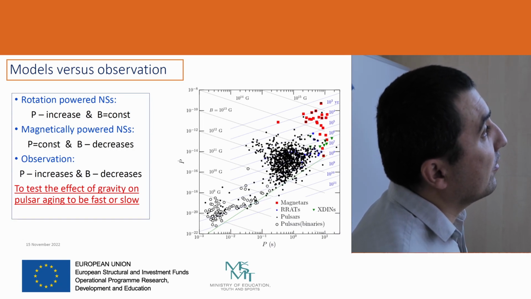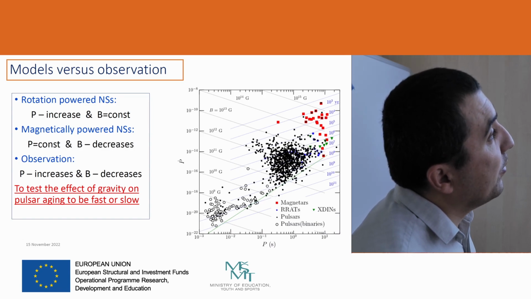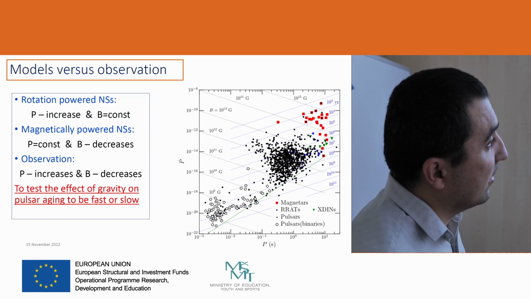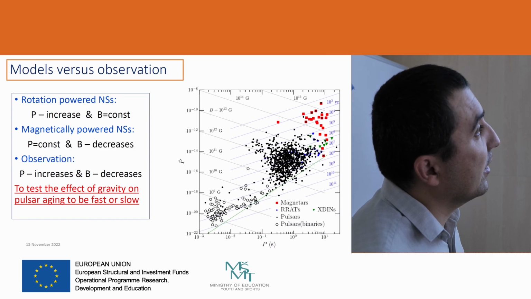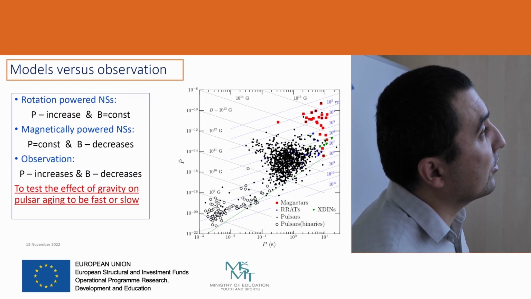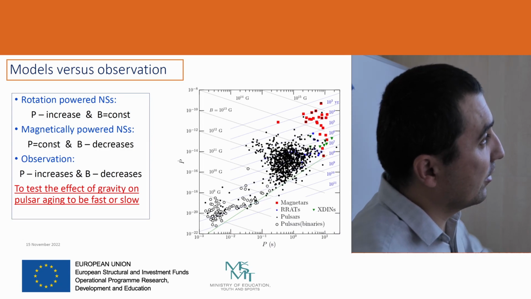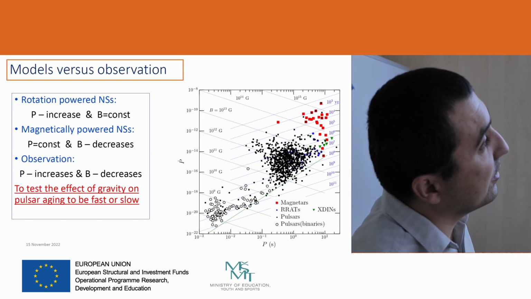So, for example, the position of pulsar neutron stars in the P-Pdot diagram should change, to the right and to the bottom in this diagram.